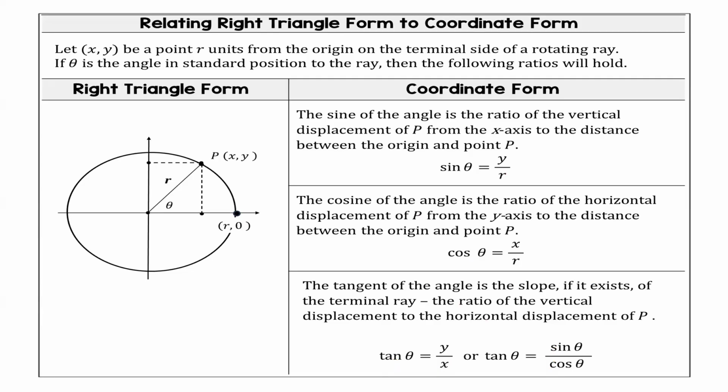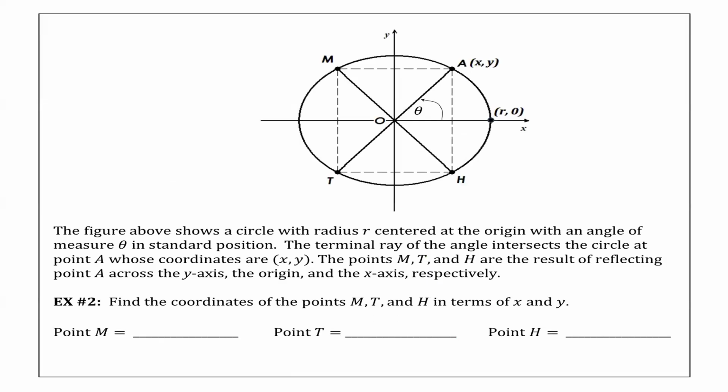All right. So if you have this figure, this circle here, and you wanted to find the coordinate points of M, T, and H in terms of X and Y, meaning identifying where they're positive and negative, what would that be? So if A is XY, and they all have the same theta, what is M?